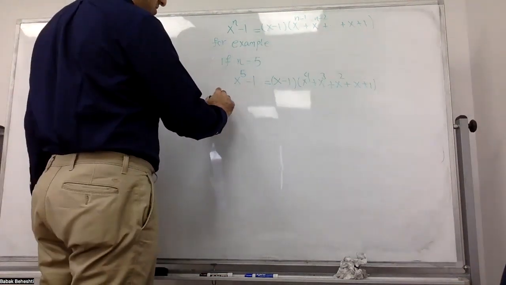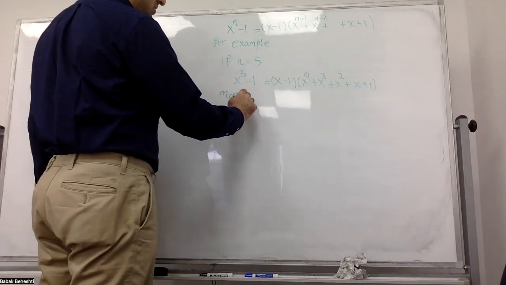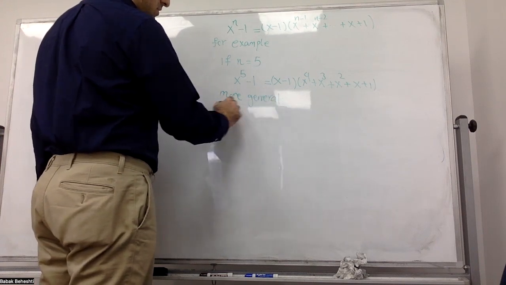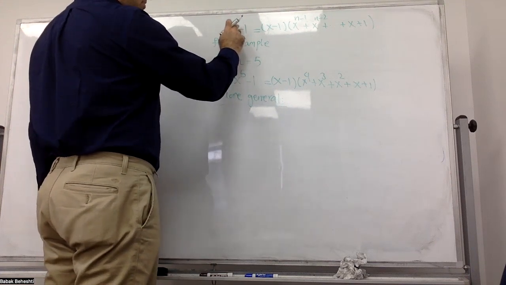We have a more general formula. This is x to the power n minus 1.